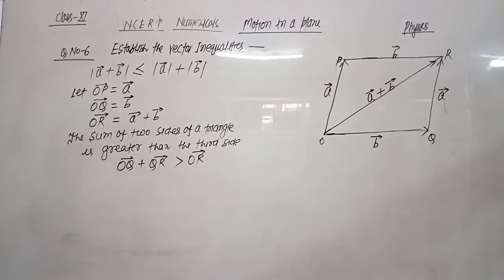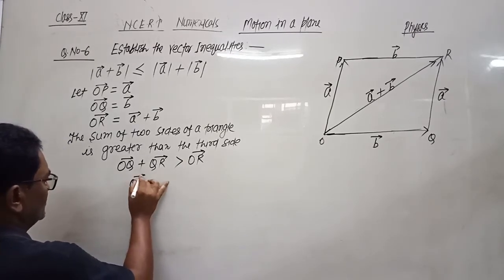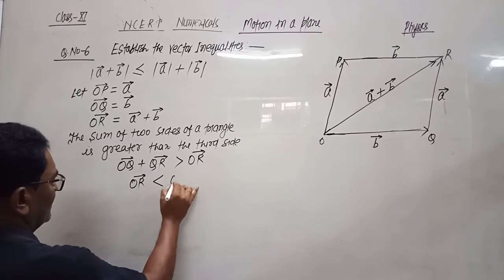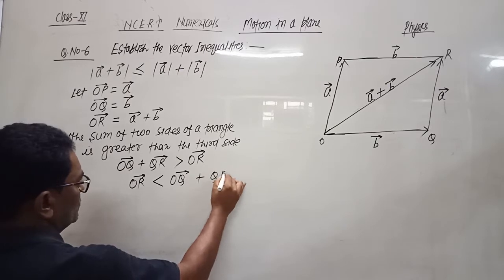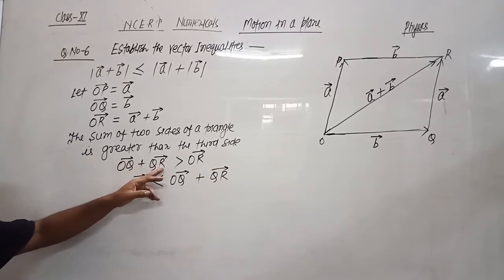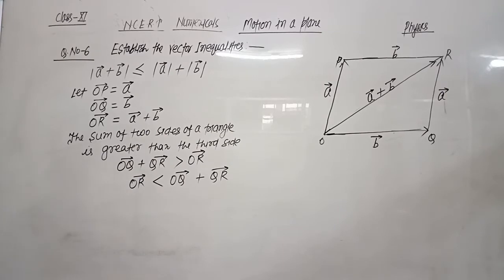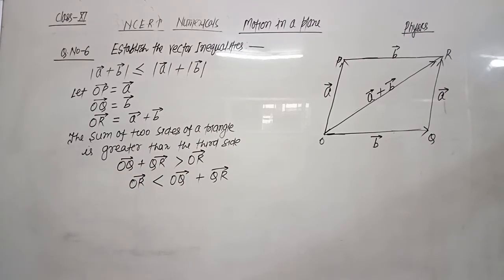We can also write it as OR is less than OQ plus QR.